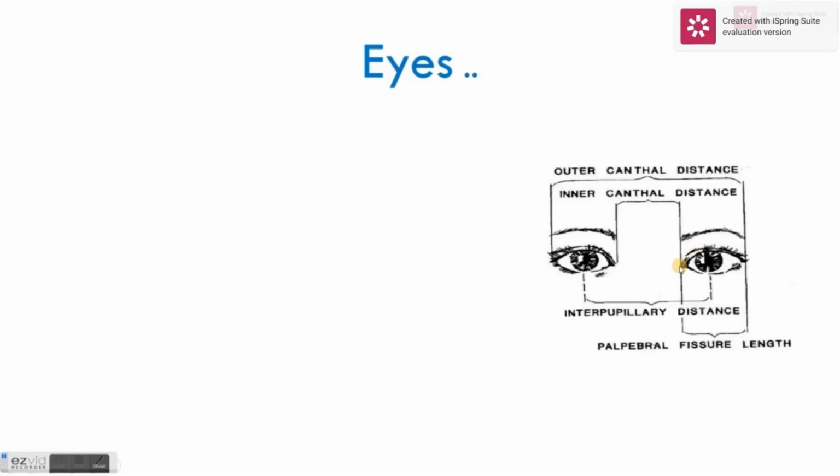This is how you measure. We take from medial canthus to medial canthus. This is intercanthal distance, and from outer canthus to outer canthus, this is outer canthal distance, and from the middle of one pupil to the middle of the other pupil, this is interpupillary distance. Or you take the palpebral fissure, and this is called palpebral fissure length.